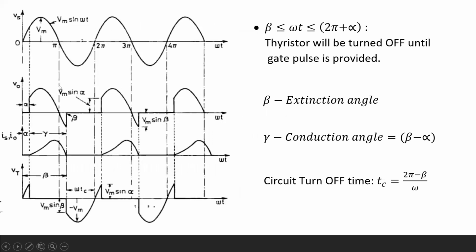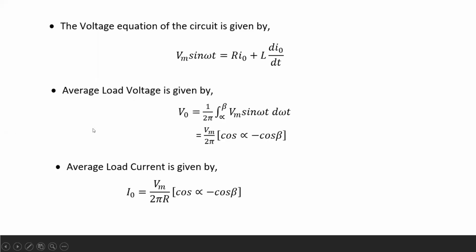Now during the on condition, we need to calculate the load voltage, and the output will come across the load, from alpha to beta. So the average load voltage is calculated by 1 divided by the total time period, alpha to beta, into Vm sin omega t d omega t. If we solve this equation, we will get this expression, right?